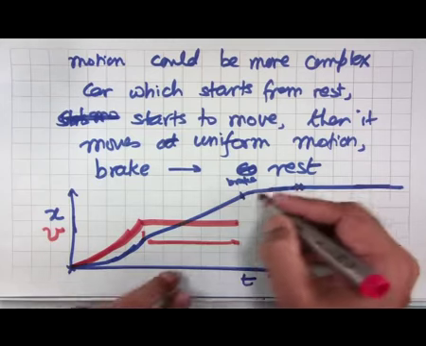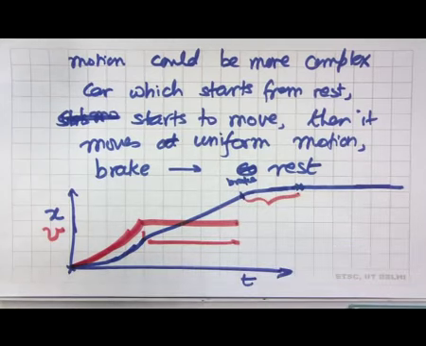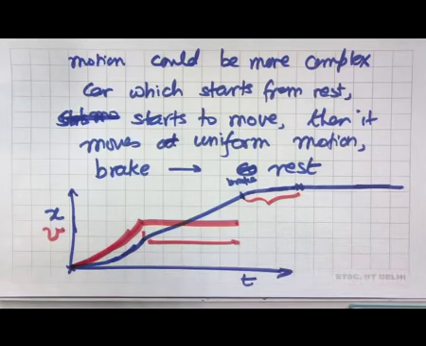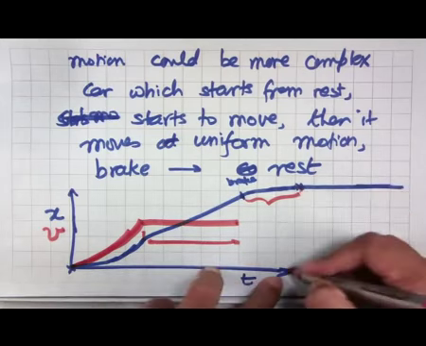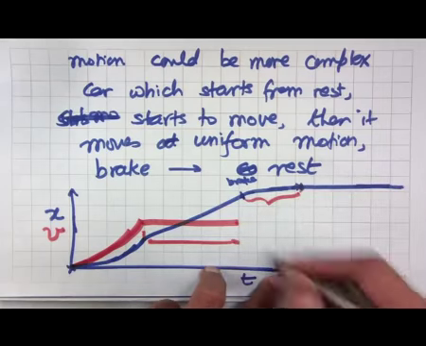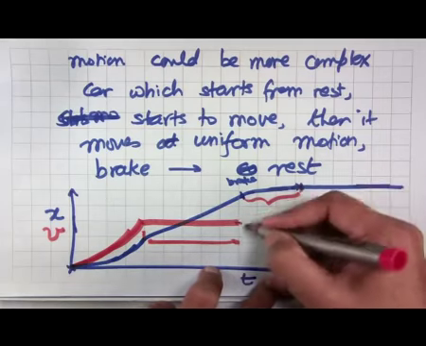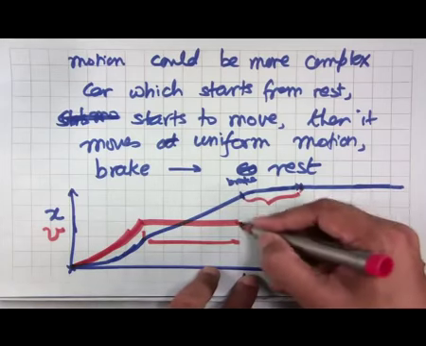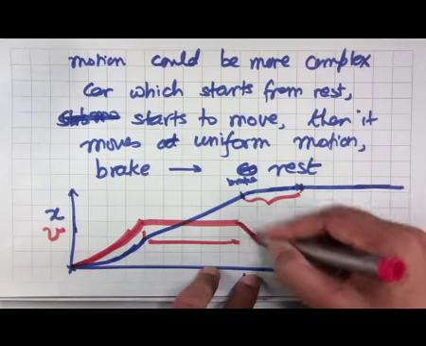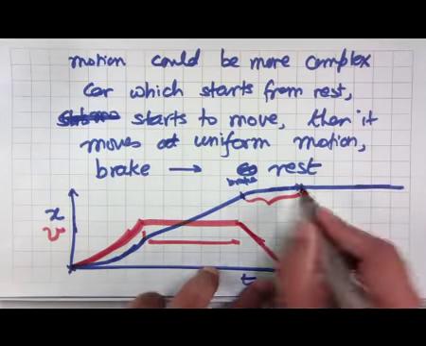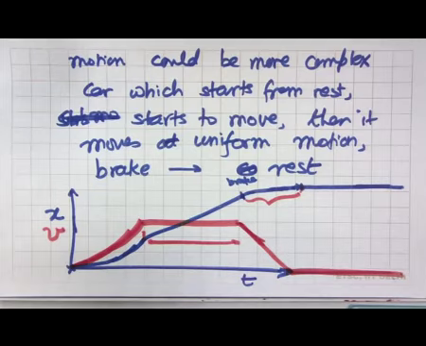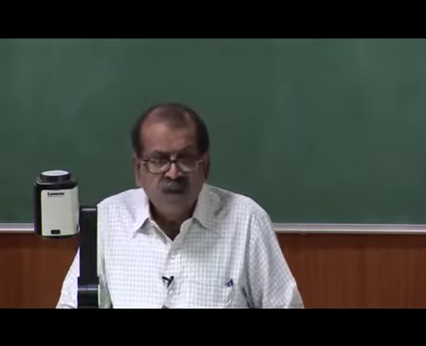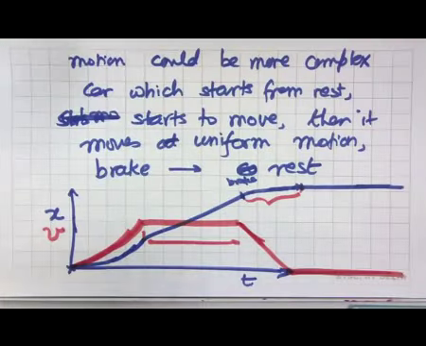And then when brakes are applied, in this period the velocity starts to go down, and finally when it comes to rest, the velocity goes to 0. So, this is how the velocity-time curve looks for the car which started to move.